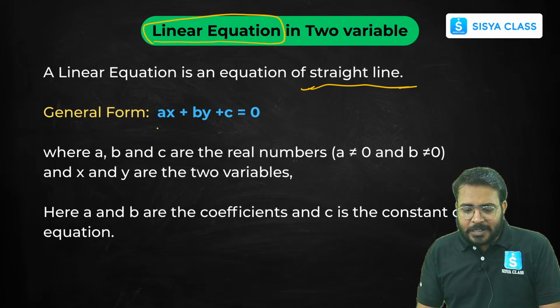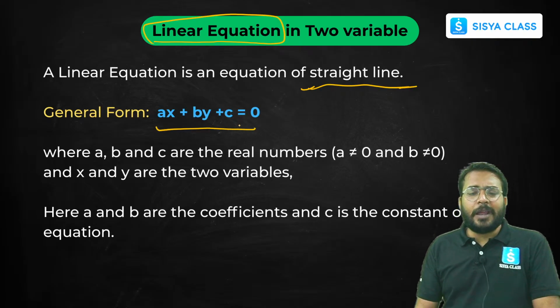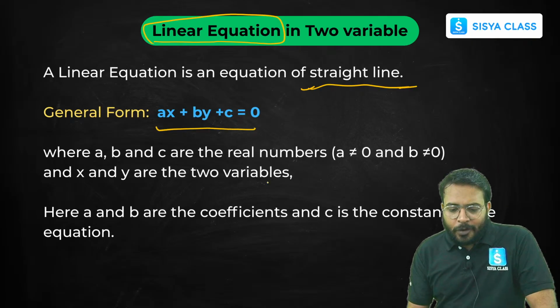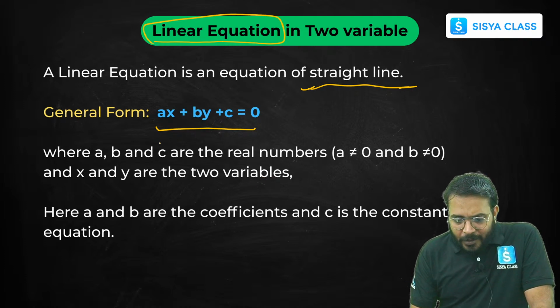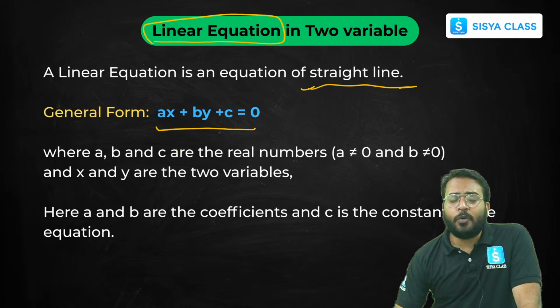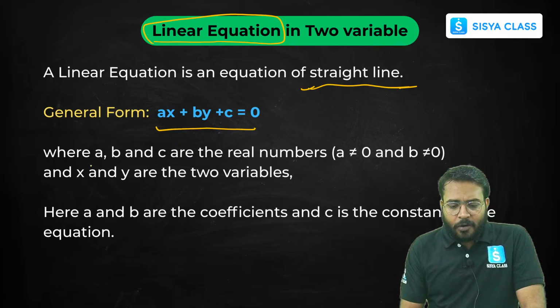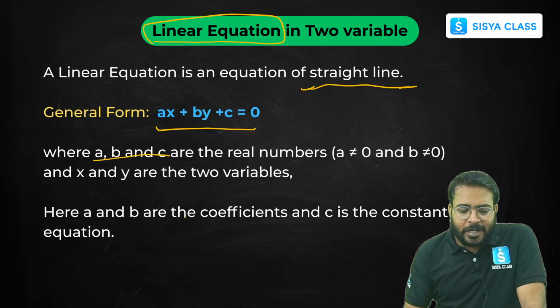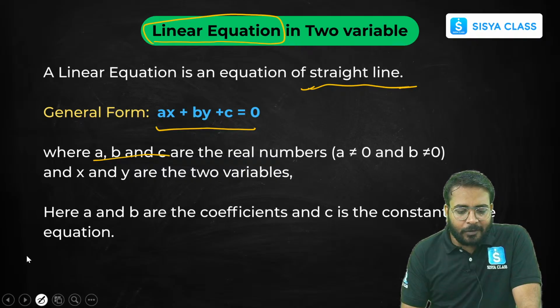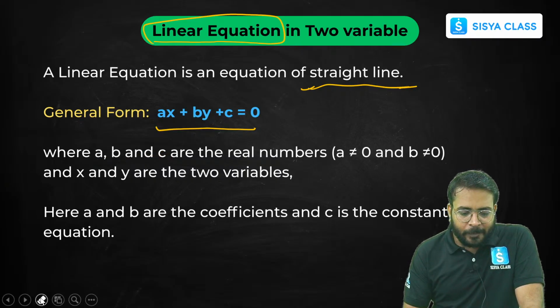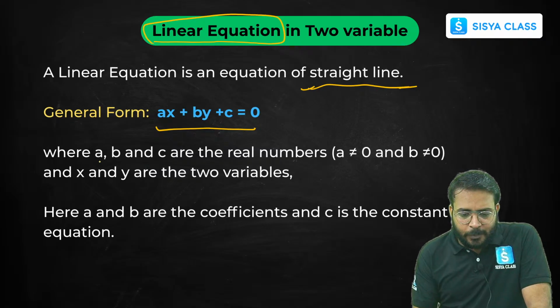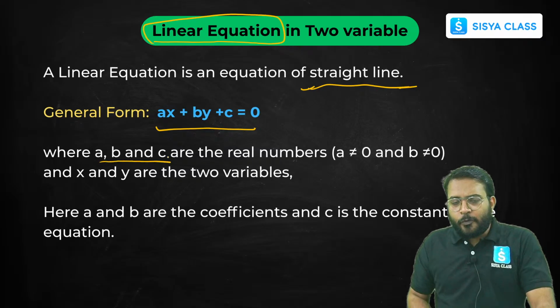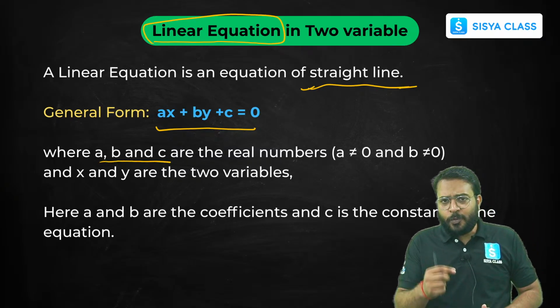So this is the general form of your linear equation: ax + by + c = 0. Here a, b, c are real numbers, where a is the coefficient of x and b is the coefficient of y. If one of the coefficients becomes 0, suppose the coefficient of x becomes 0, then it is a linear equation in one variable.